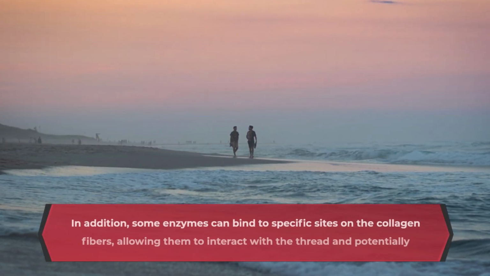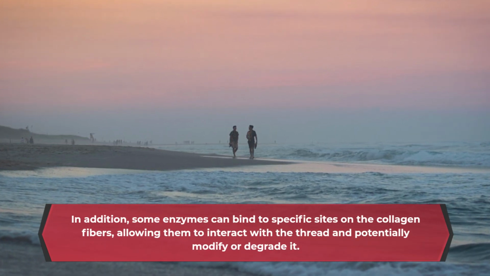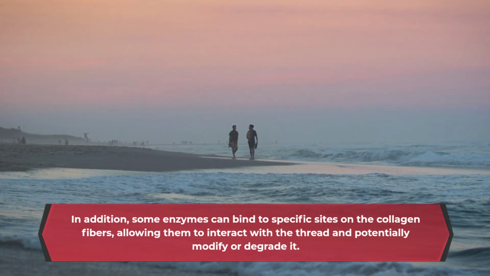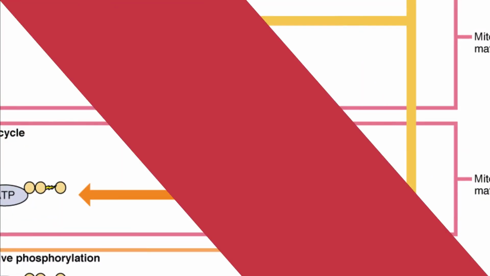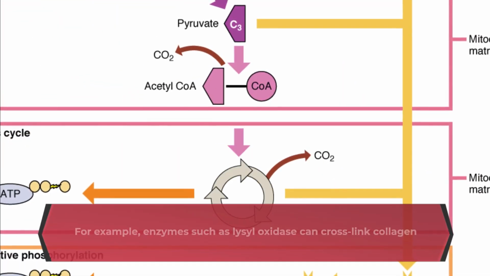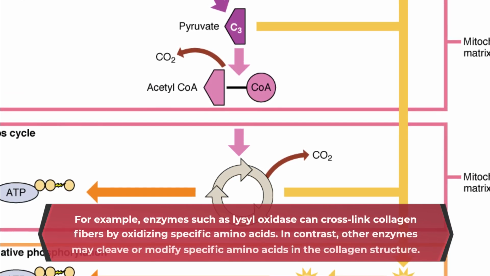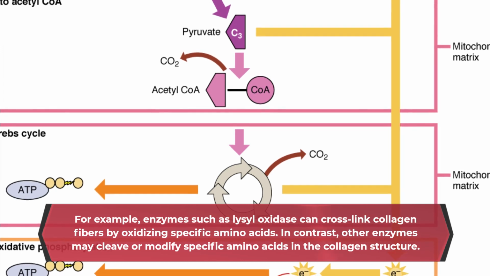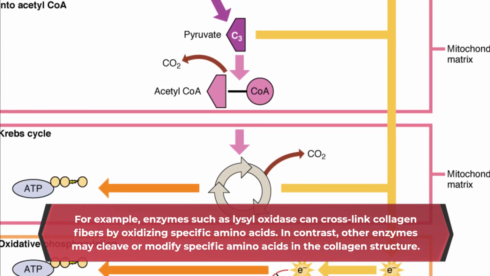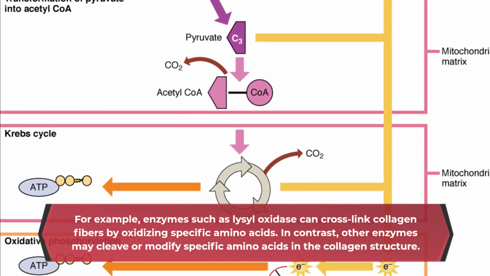In addition, some enzymes can bind to specific sites on the collagen fibers, allowing them to interact with the thread and potentially modify or degrade it. For example, enzymes such as lysyl oxidase can cross-link collagen fibers by oxidizing specific amino acids. In contrast, other enzymes may cleave or modify specific amino acids in the collagen structure.